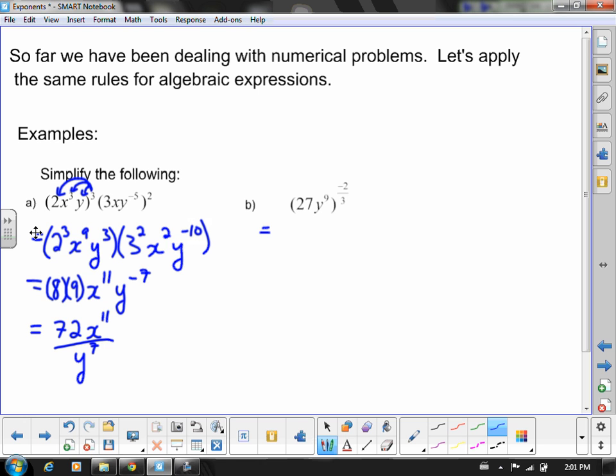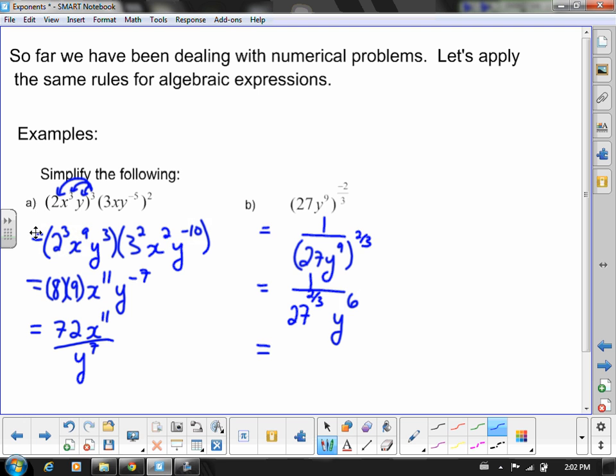For this example, before I do that multiplication step in, I'm going to change that exponent so that it becomes positive by moving down to the denominator. So I'm going to have 1 over, I have 27 to the power of 2 over 3, and I'm going to have y to the power of 9 times 2 is 18, divided by 3 is 6.